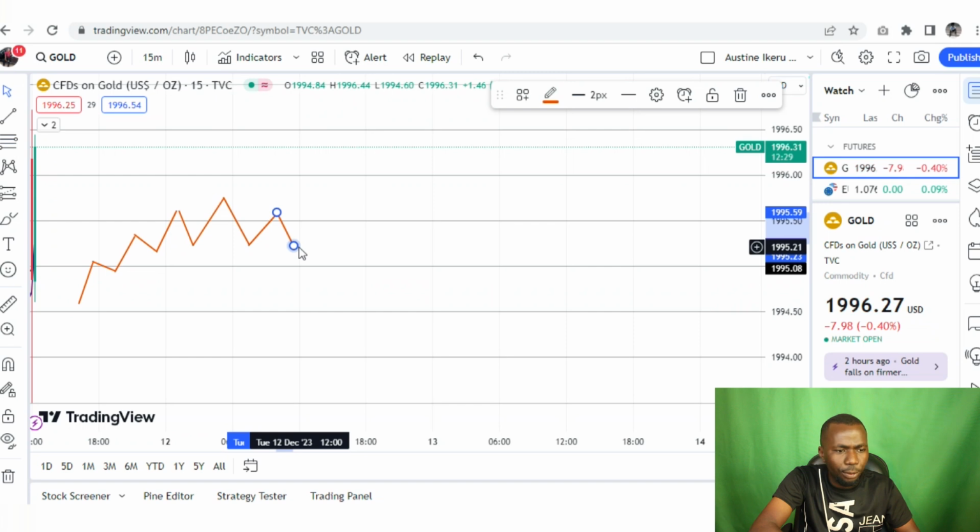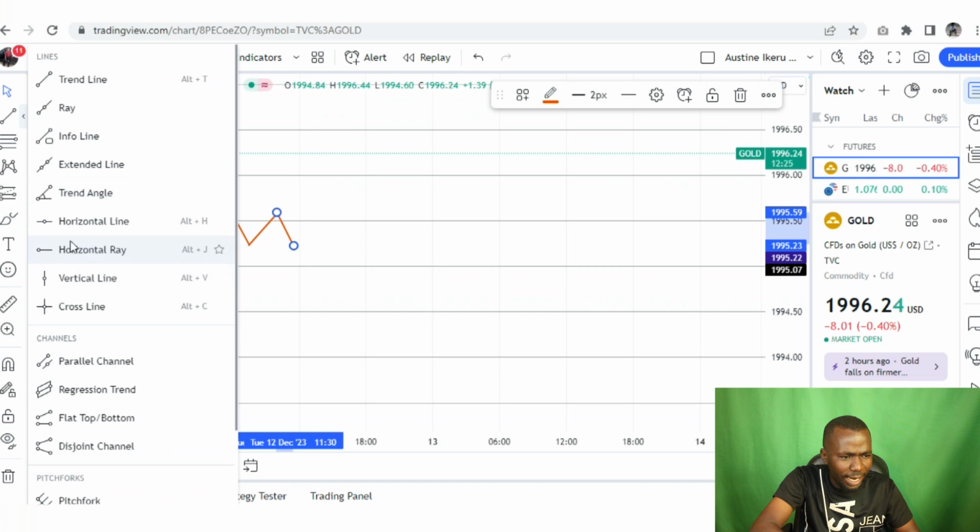Instead, it now reverses and makes a lower low. So now what you simply do is draw your neckline.